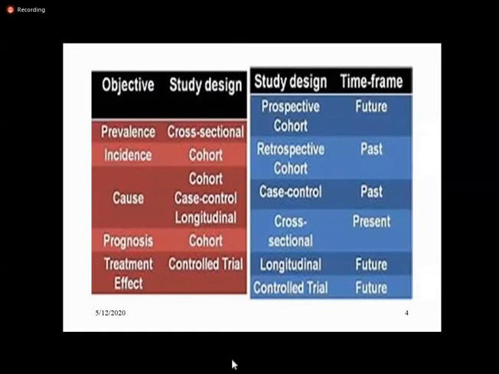Again, the longitudinal can be done for future projections, and controlled trials are also done in the future for different purposes, to see the effect of treatment or vaccine. So we divide the study design according to the objective and according to the time frame.